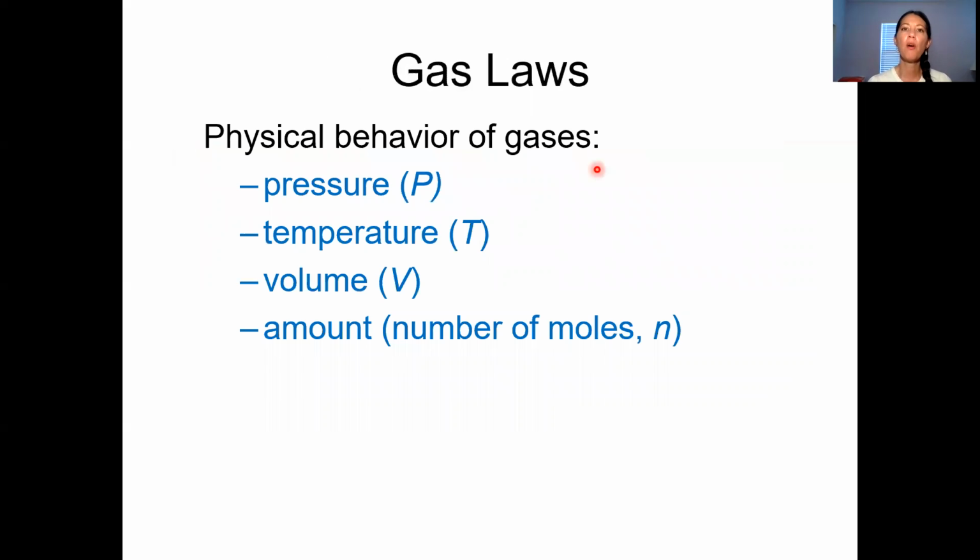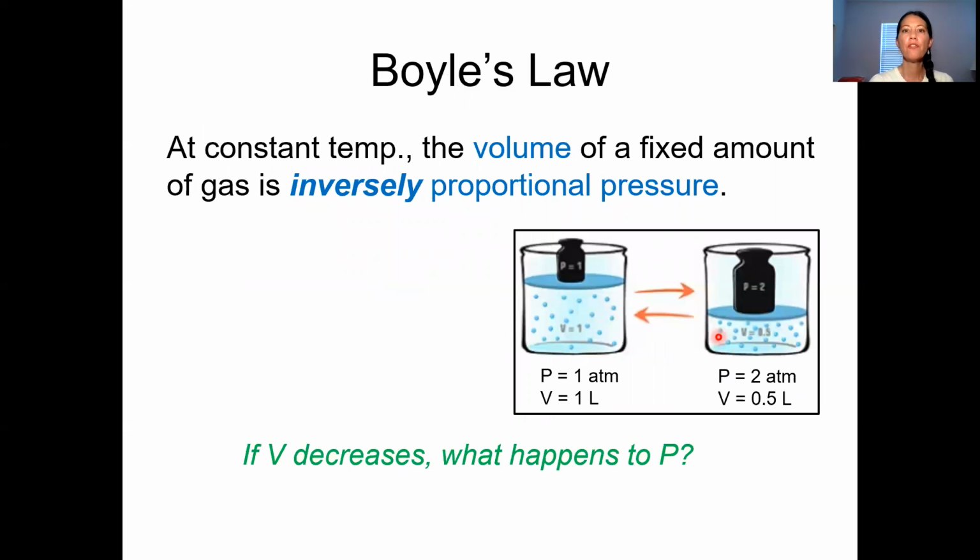What I want to talk about are 3 different gas laws that will culminate into the ideal gas law. These laws really explain physical behavior of gases based on certain variables, such as pressure, which I'll abbreviate P, temperature T, volume V, and the number of moles n. The first law is Boyle's Law, which says at a constant temperature, so we're going to hold certain variables fixed.